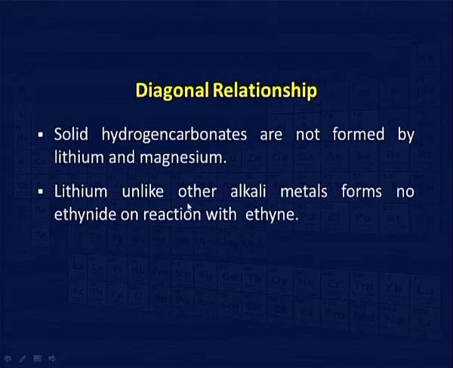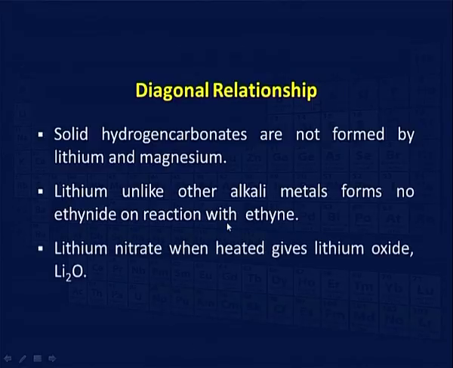Lithium, unlike other alkali metals, forms no ethanide on reaction with ethyne. Ethyne, we all know, is CH triple bond CH, and you can see that lithium does not form ethanide. Lithium and magnesium both do not form ethanide, whereas the other members readily form it.